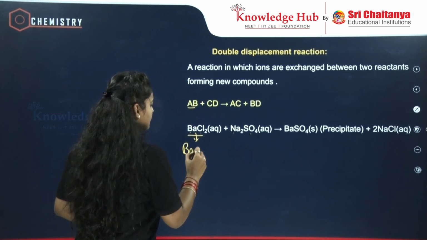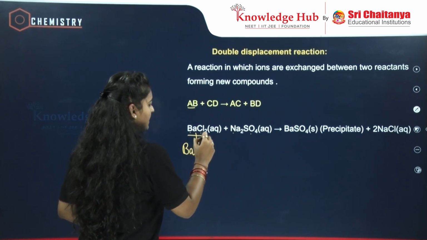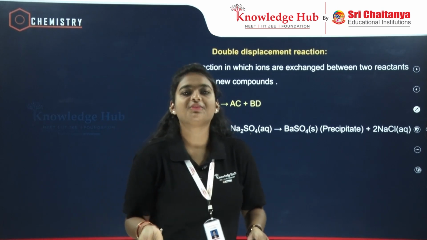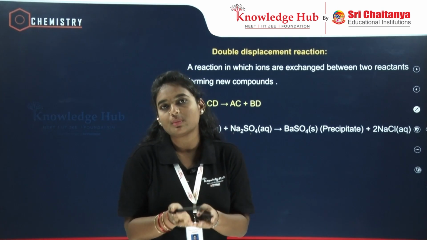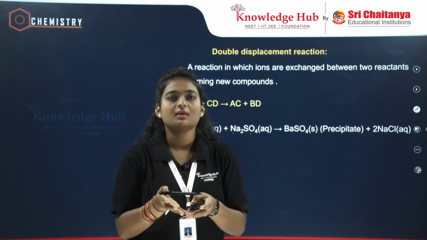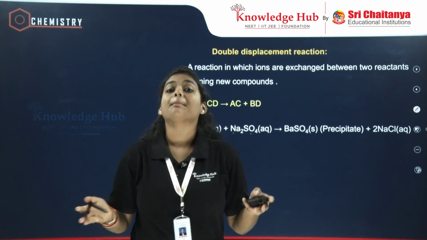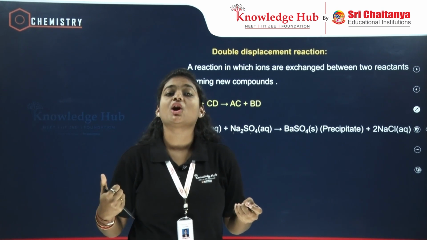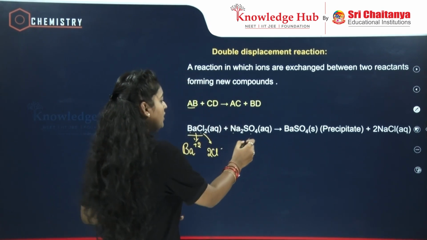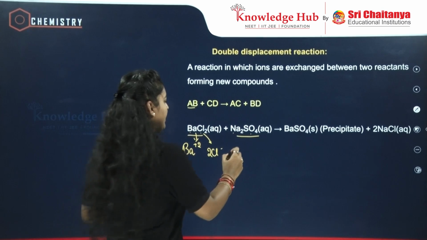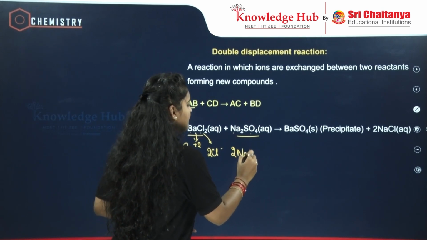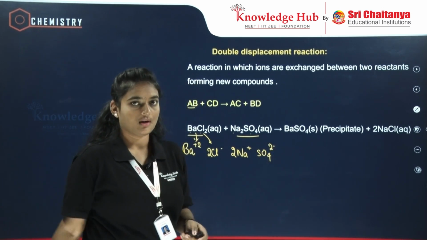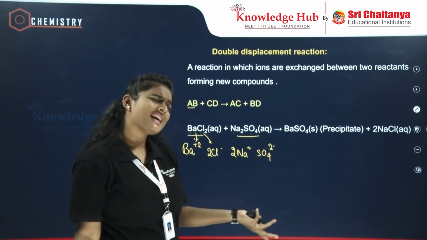So it is Ba2+ and Cl2 will form 2Cl-. Obviously, right? Whenever a compound is formed, there must be a cation and an anion. So in barium chloride I have my cation as barium and my anion as chloride. Sodium sulfate will be Na+ and SO4 2-. Just exchange your ions, that's it.